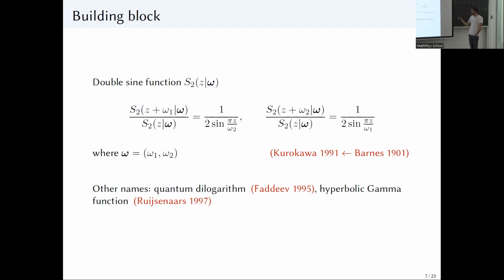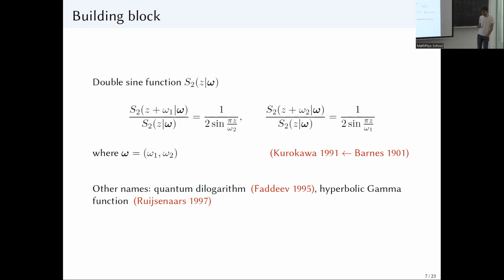The name was given by Kurokawa, and he used a lot of the theory that was developed even 100 years ago by Barnes. Now it has a lot of the properties you probably need: integral representations, asymptotics, everything is known.